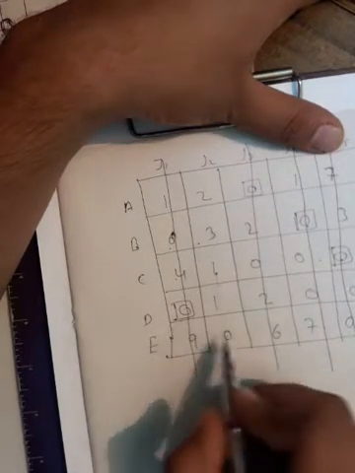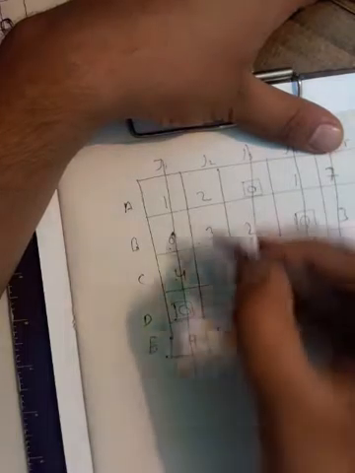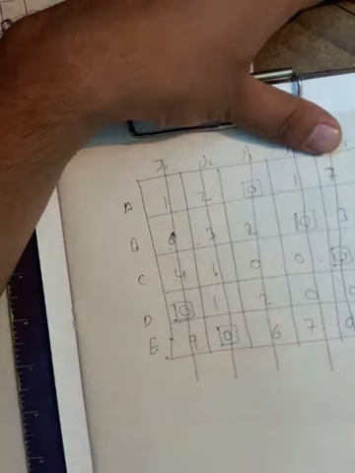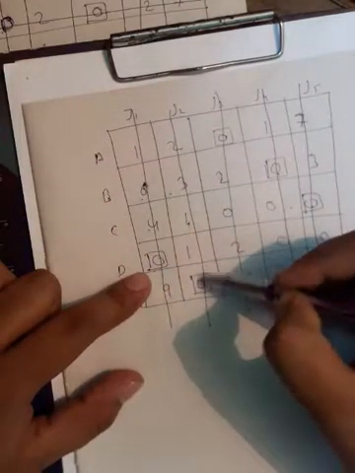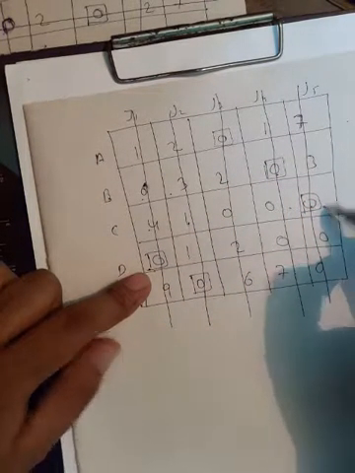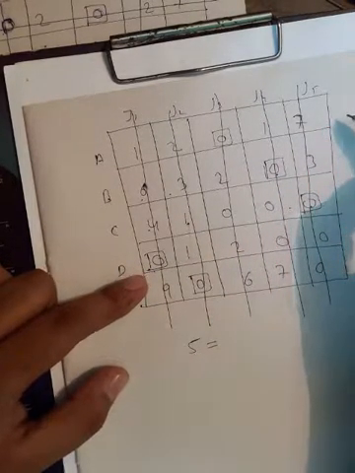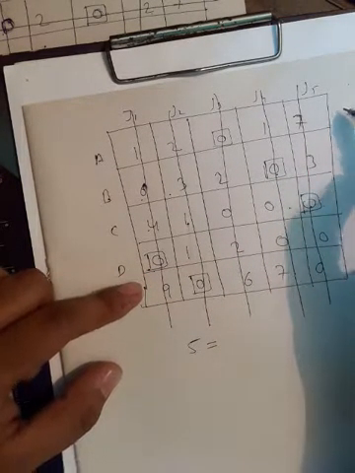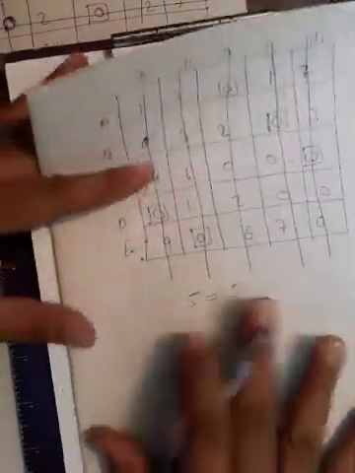Again in the fifth row it is coming once, select it and cancel that respective column. Now how many allocated values do you have? 1 2 3 4 5. The number of rows and the number of columns is 5. Since it is equal, the optimization is reached.